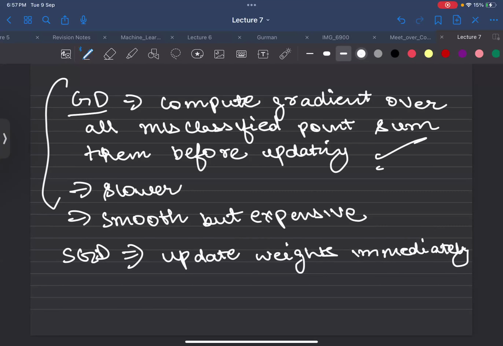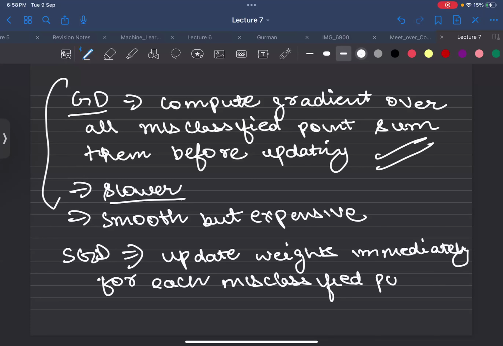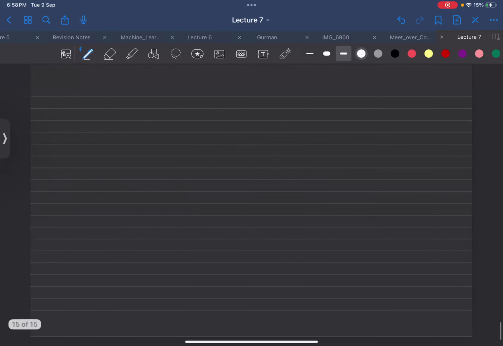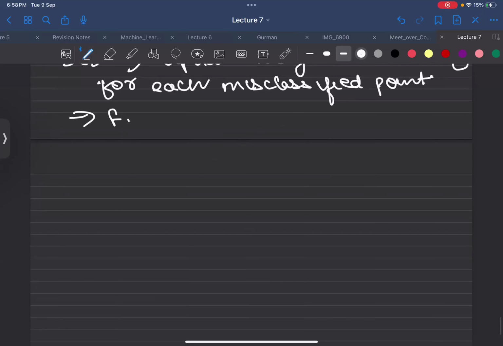Here I was taking all the misclassified points earlier, which is obviously slower. Whenever I'm taking one misclassified point at a time, I'm updating the weights accordingly, for each misclassified point. It's actually faster.